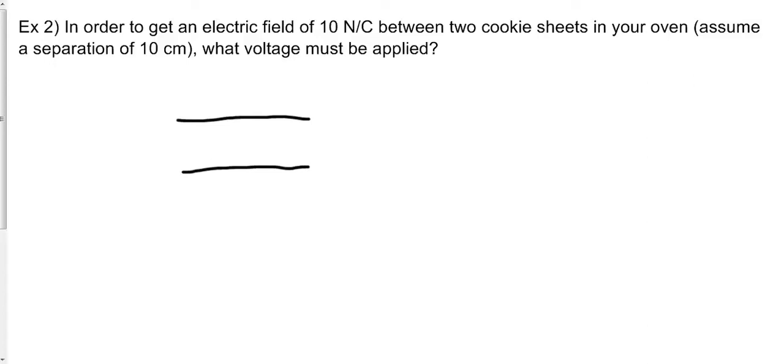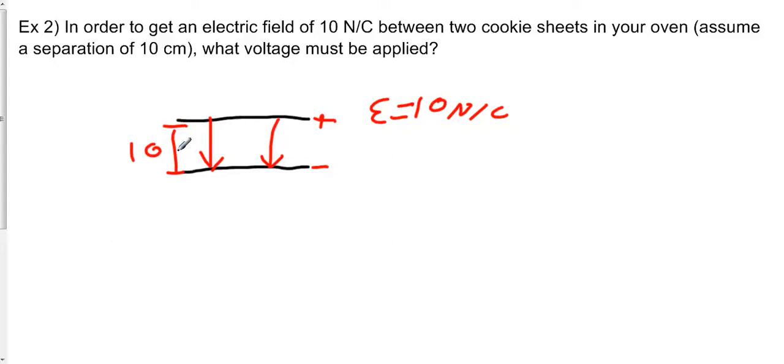Let's do that maybe in red, like this, and so I want the electric field in here to be 10 newtons per coulomb. And as I've drawn it, this would need to be the positive, and this would be the negative. And so the question again is, what voltage, what size battery do I have to apply to make that work? And all we know right now is the cookie sheets are separated by 10 centimeters.